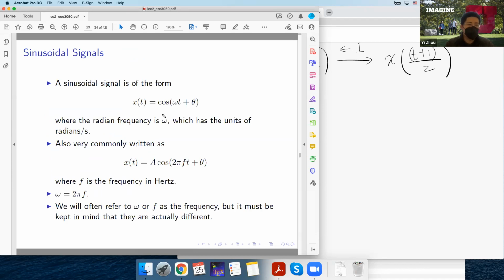Now, sinusoidal signals are very simple. The standard form is x(t) equals cosine of omega t plus theta.